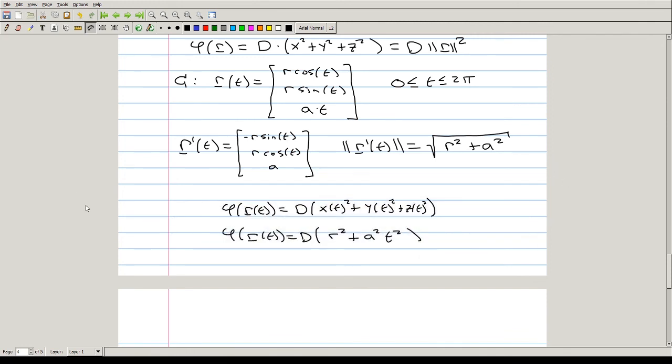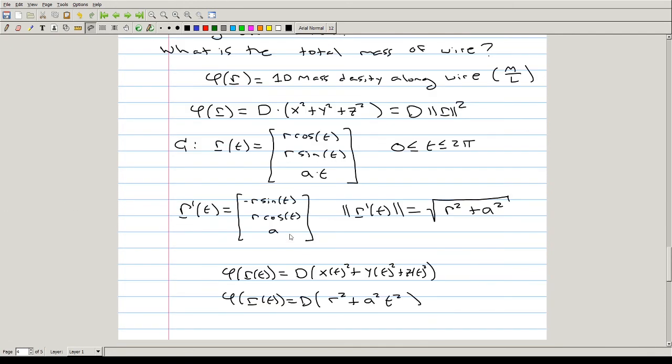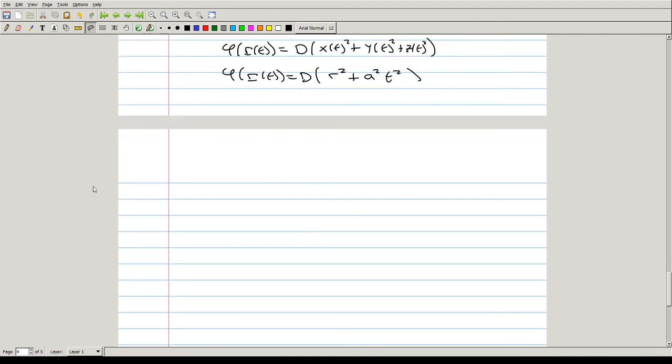These are always the things you want to do when you're evaluating a line integral of a scalar function, before you even go through and do the line integral. Because now, evaluating the line integral over c is easy. Because phi is a mass density function, the total mass is going to be the line integral over c of this mass density function. This is the integral from 0 to 2 pi of phi of r of t times the magnitude of r prime of t dt.